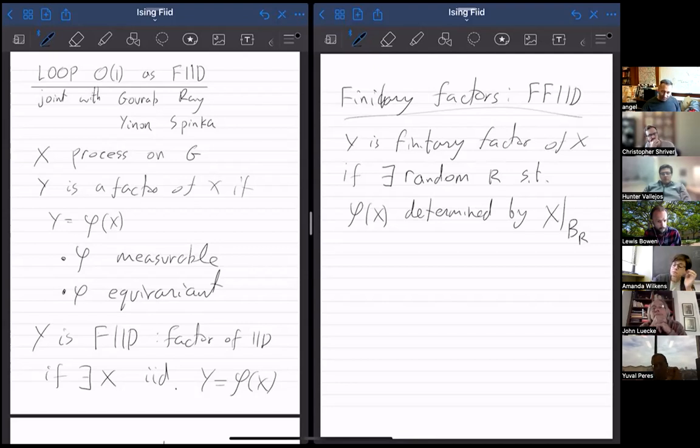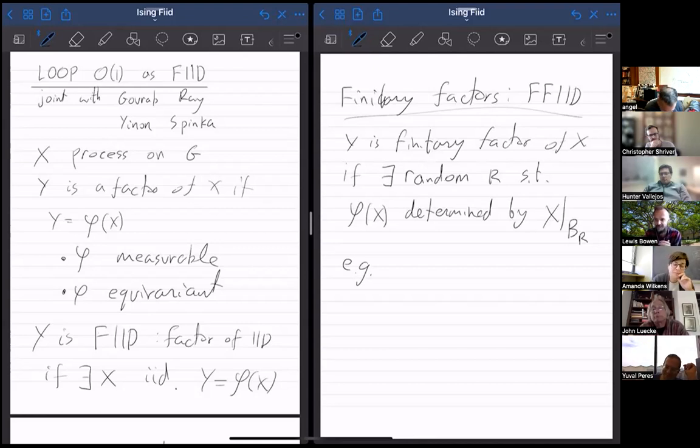A nice example that you can keep in mind for this: let's start with critical percolation. Does everyone here know what Bernoulli percolation is and the basic properties? Yes, everyone knows.